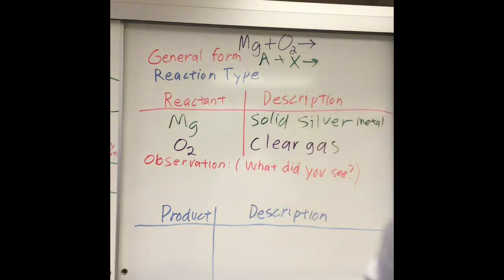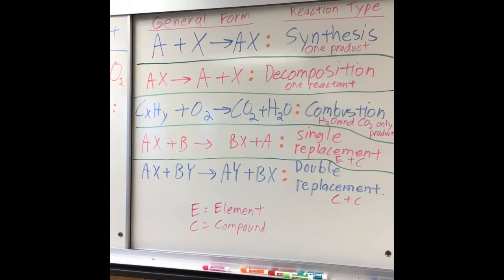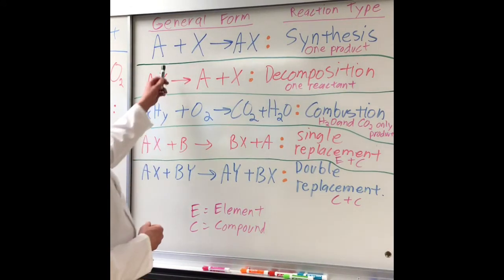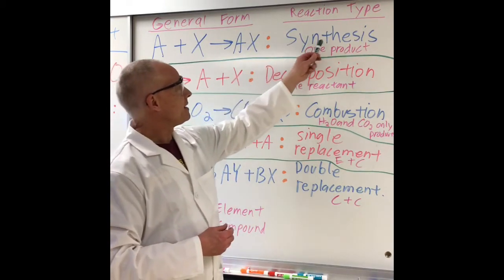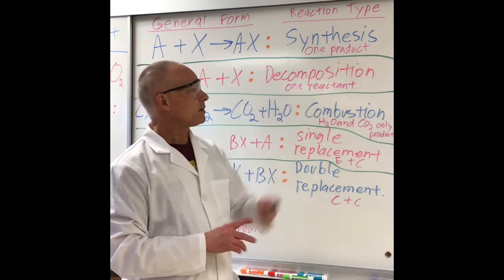If we look back at our reaction types, we want to see if we can find something that starts with A plus X. And sure enough, here it is. A plus X is the first one. So that is a synthesis reaction, and we note that it will only have one product.